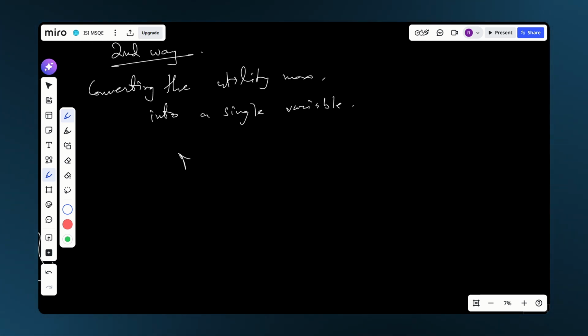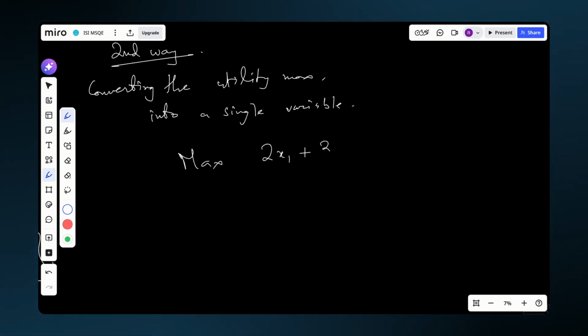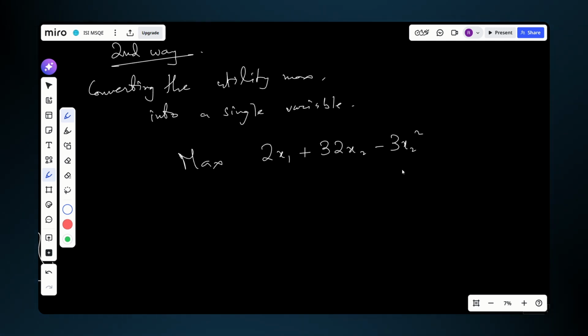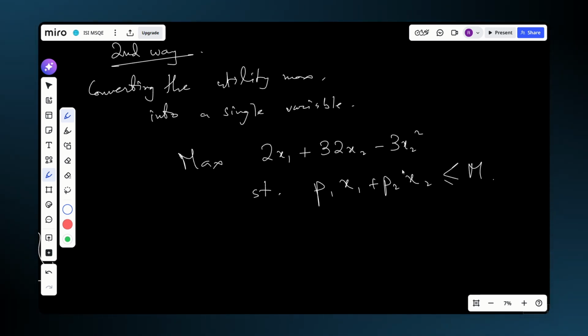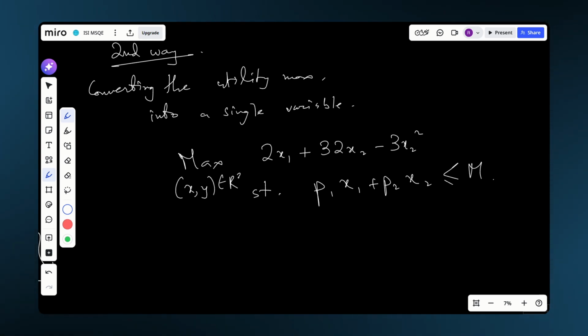So I'm writing the utility maximization problem once again here: maximize 2x1 plus 32x2 minus 3x2 square subject to p1 x1 plus p2 x2 is less than or equal to m, and xi belongs to R2 plus.